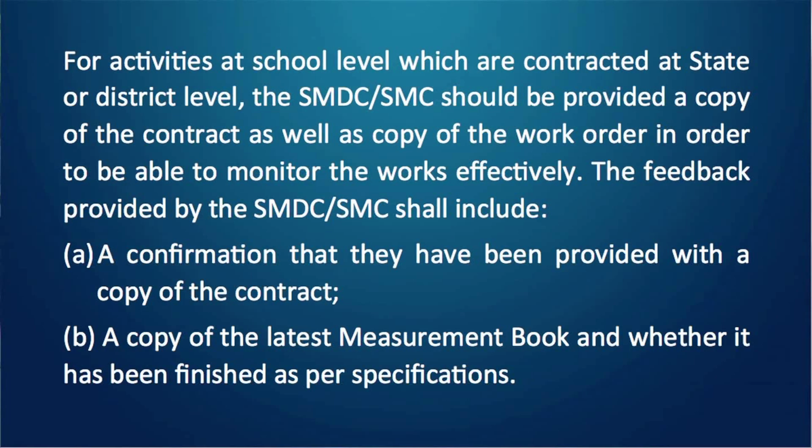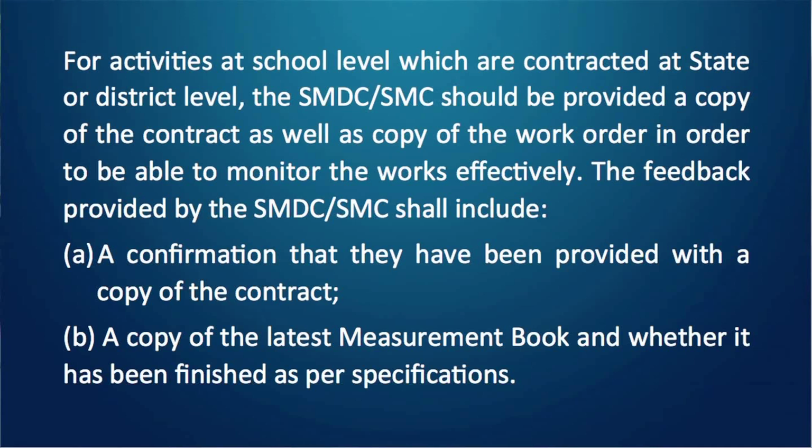For activities at school level which are contracted at state or district level, the SMDC or SMC should be provided a copy of the contract as well as a copy of the work order in order to be able to monitor the work efficiently and effectively.